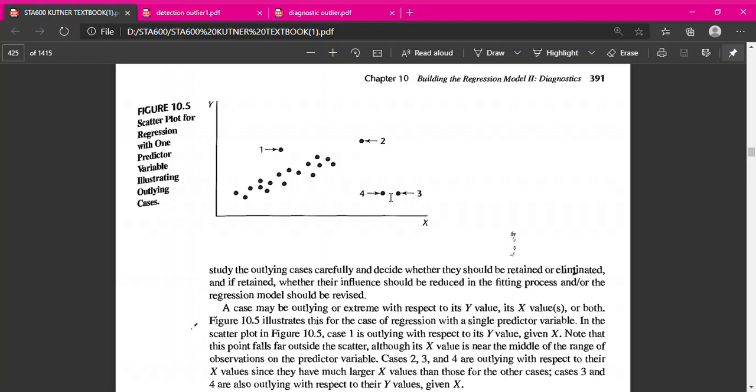Maksudnya ada satu Y dan satu X. Senanglah untuk kita tengok which one is high leverage or outlier, and whether that point adalah influential observation ataupun tidak. Tapi kalau melibatkan multiple linear regression, we have the other way how to detect. Okay.